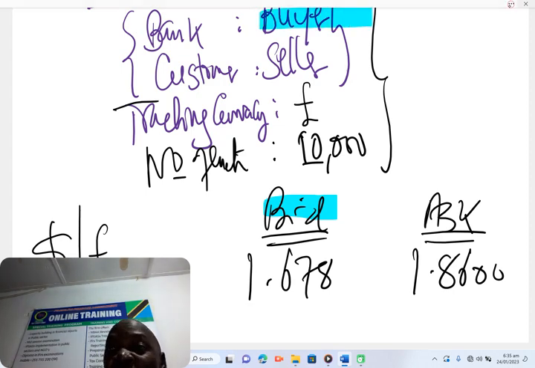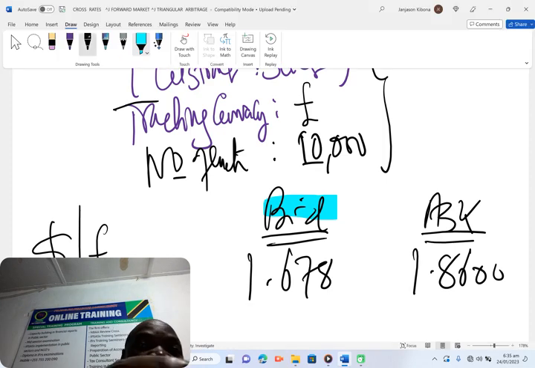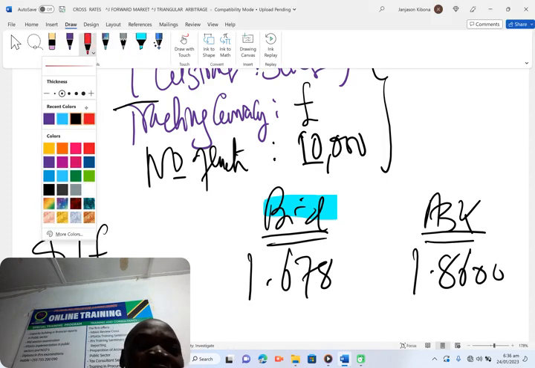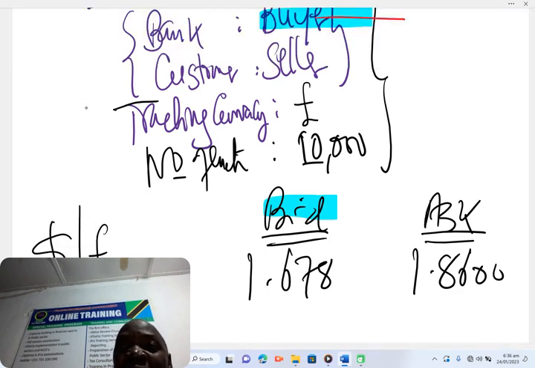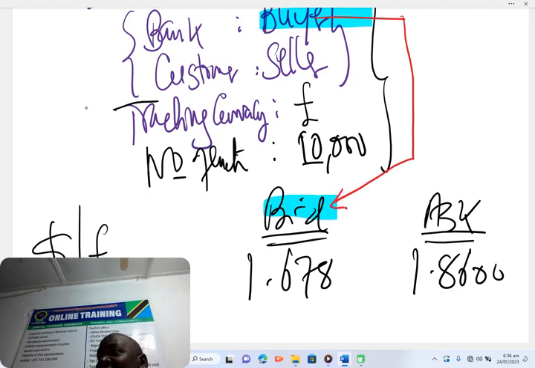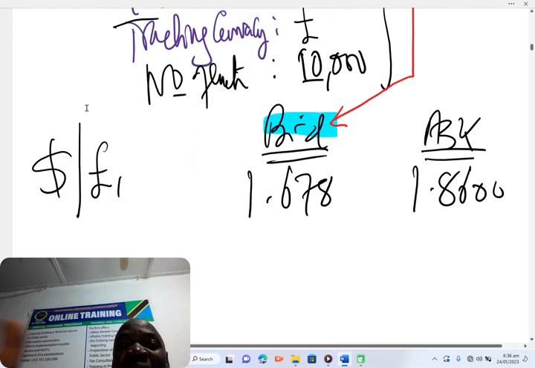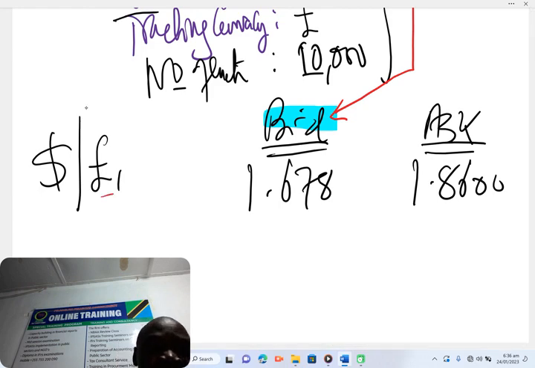So, a bank is a buyer, therefore, select bid price. That is very important. So, you are saying a trading currency, 1 pound equals to how many dollars?